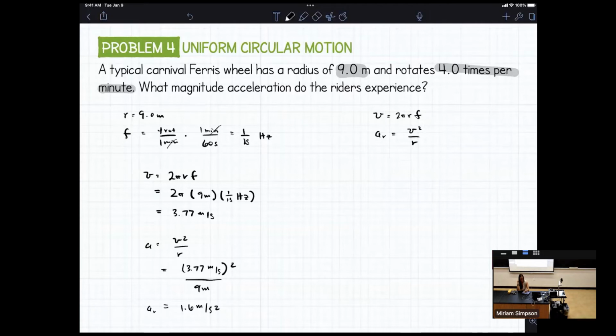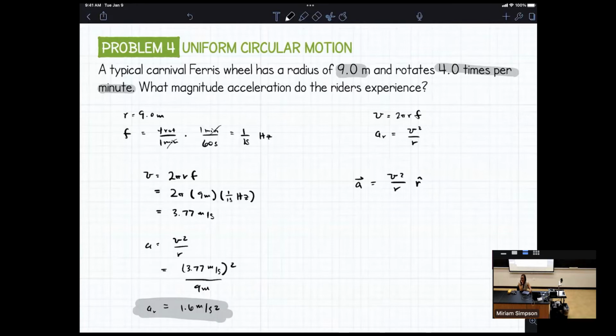Now, someone did point out that there was an extra term in the previous slide. So when we looked at the radial acceleration, it was written as a vector, which was v squared over r hat. What is the r hat in that situation? The r with the little arrow on top of it.